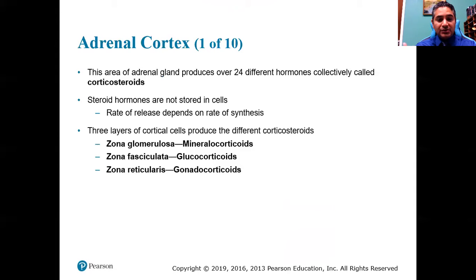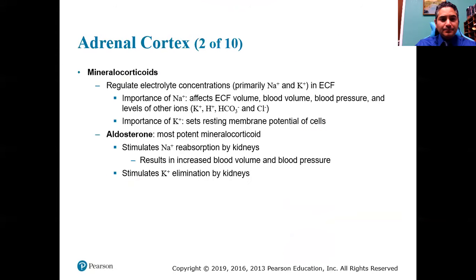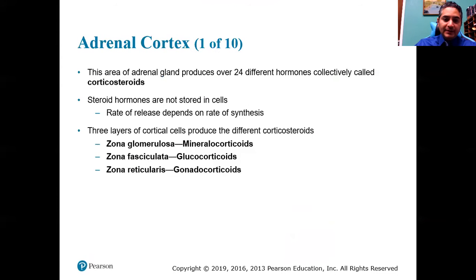These hormones are classified as corticosteroids. And within the layers, we have the mineralocorticosteroids, glucocorticosteroids, and the gonadocorticoid steroids. I won't go into a lot of detail on these three, but I will discuss some of their main functions.